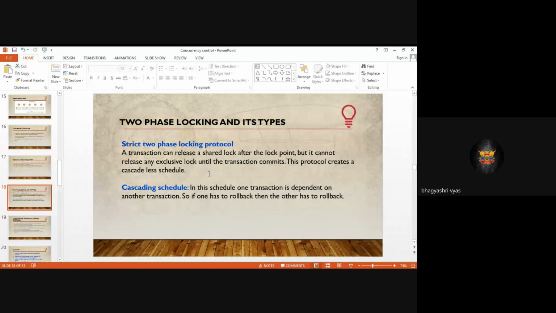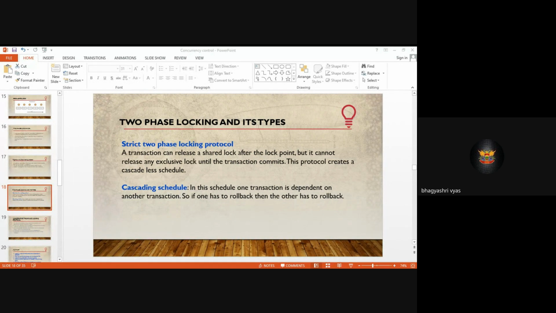So what is it ensuring? Strict two phase lock. Anyone? Strict two phase locking is almost similar to two phase locking.